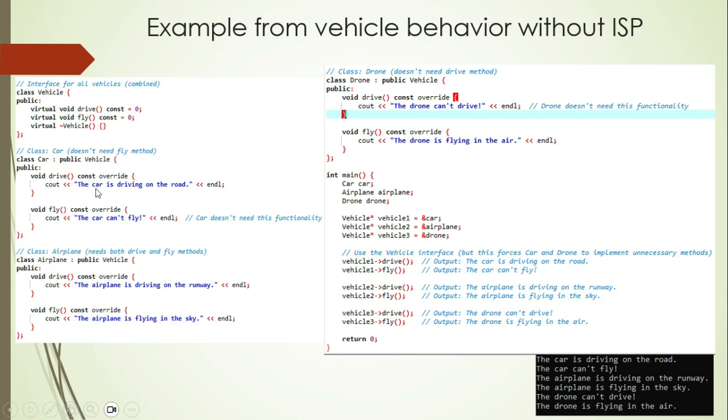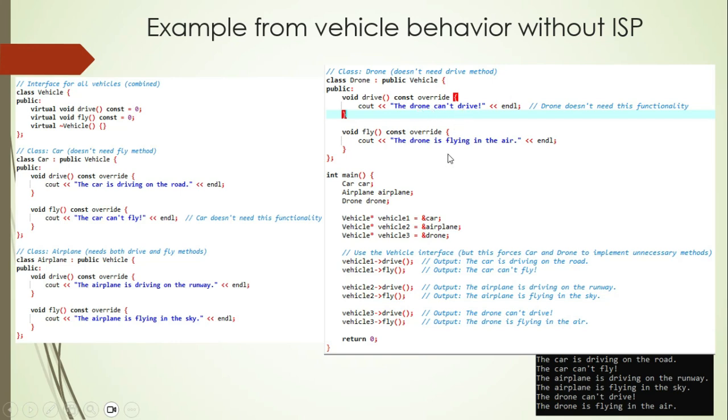You can see car is driving on the road, car cannot fly. So if car cannot fly, why do we need to implement this? So this means the car has implemented both the methods of this interface.